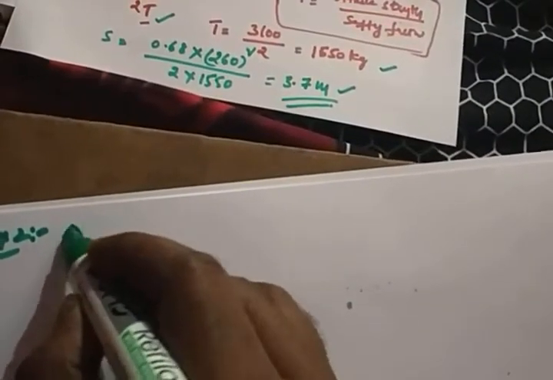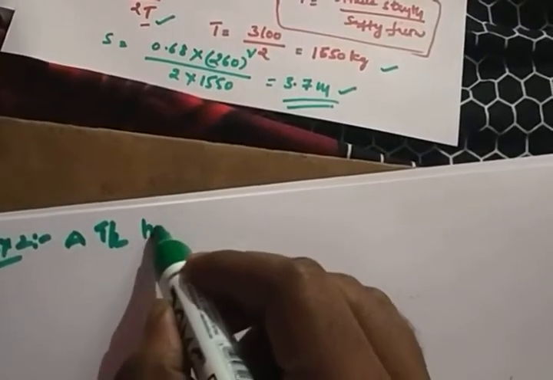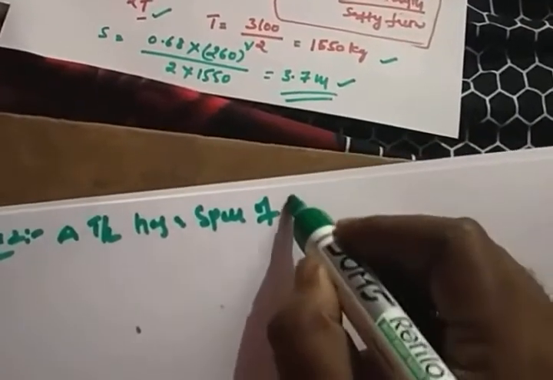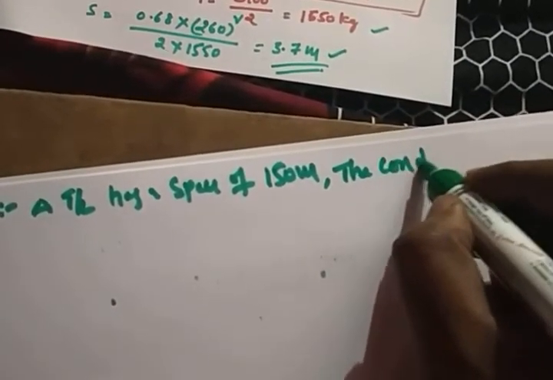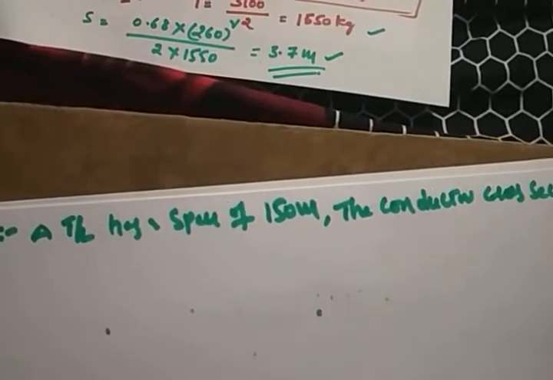A transmission line has a span of 150 meters. Now the conductor cross-sectional area is 2 centimeters square.